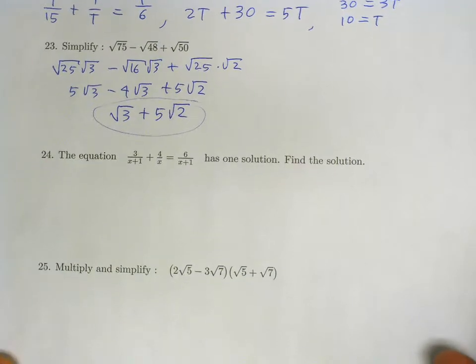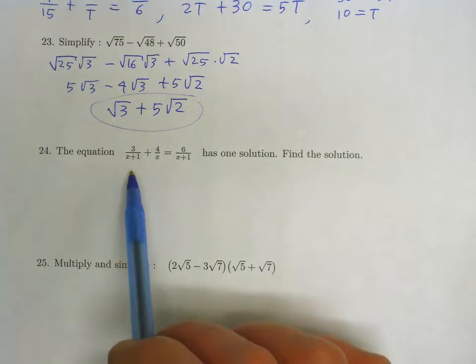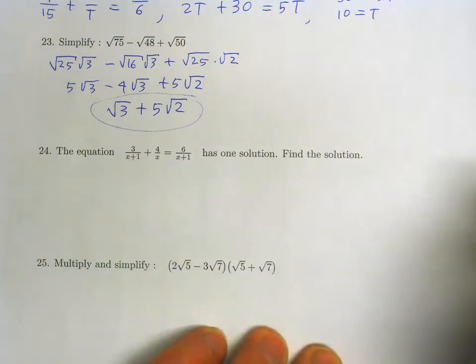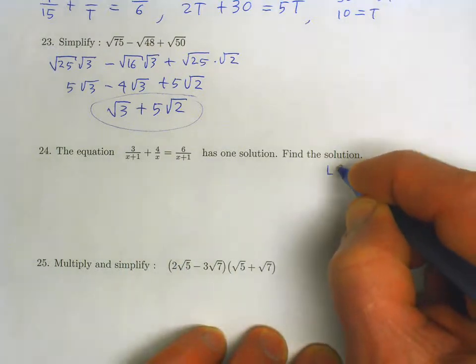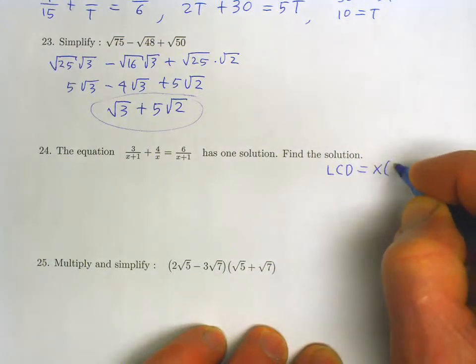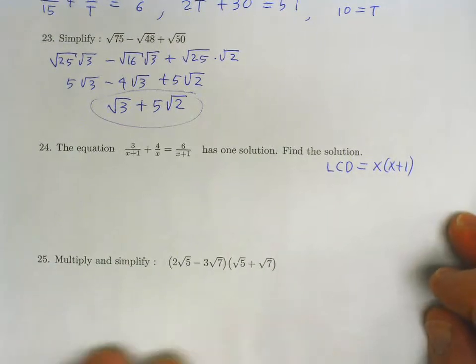Okay, the next problem, another equation with rational expressions. So this equation, we're told, has one solution. So find the solution. Two of the denominators are the same. So the least common denominator is just x times x plus 1.